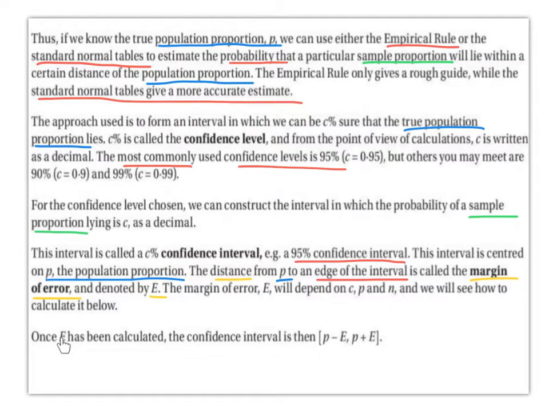Once E has been calculated, the confidence interval is then P minus E, comma, P plus E. So for example, we may say we are 95% confident that P lies between this and this.